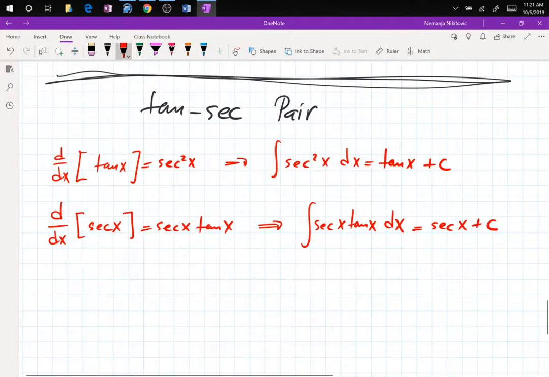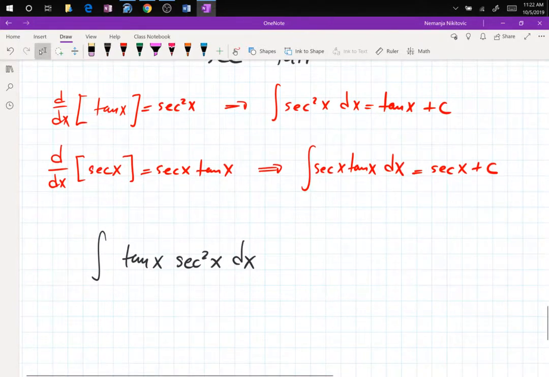All right, so how would I work on these examples? Let's say we start with the integral of tangent x secant squared x dx. Guys, this is your Calculus 1 question. You are supposed to know that the derivative of tangent is secant squared, which immediately means that you have the function-derivative pair present.